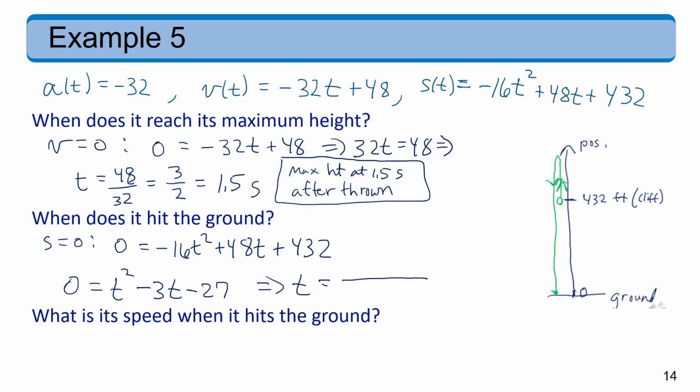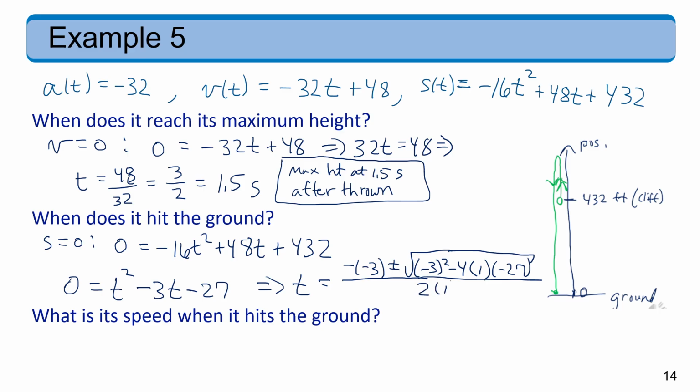So in the numerator, we take negative b, so 3, plus or minus the square root of b squared, so -3 squared, minus 4 times a times c. A is 1, c is -27, all over 2 times a.